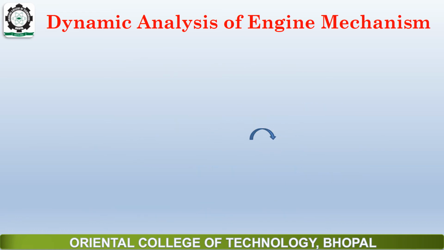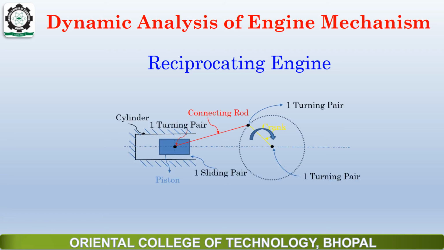The next inversion is if we change the form of input and output. If we give some input on the piston in the form of burning of fuel, the piston will reciprocate, and due to reciprocation of the piston we will get rotation of the crank.